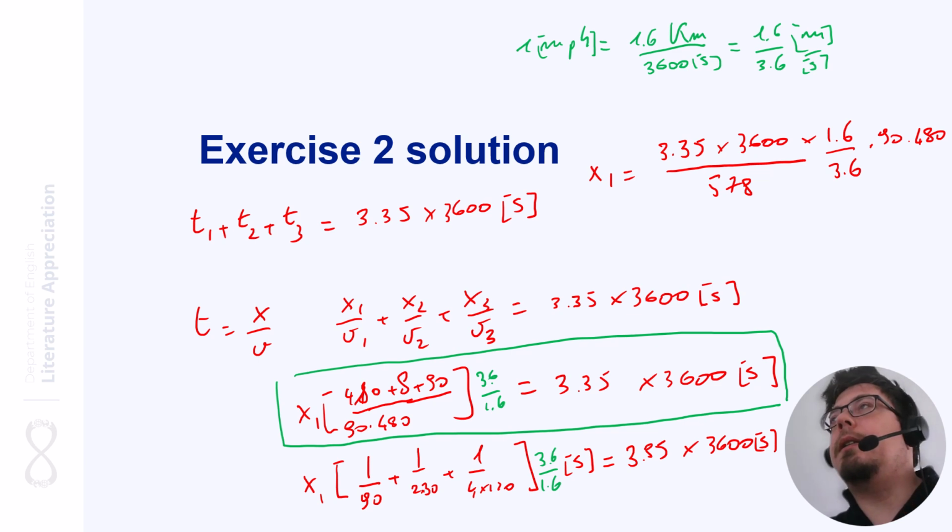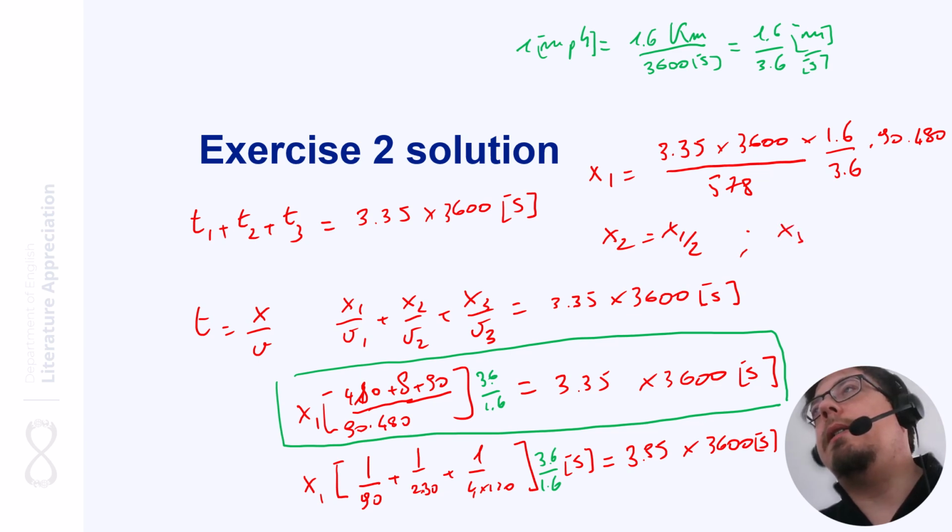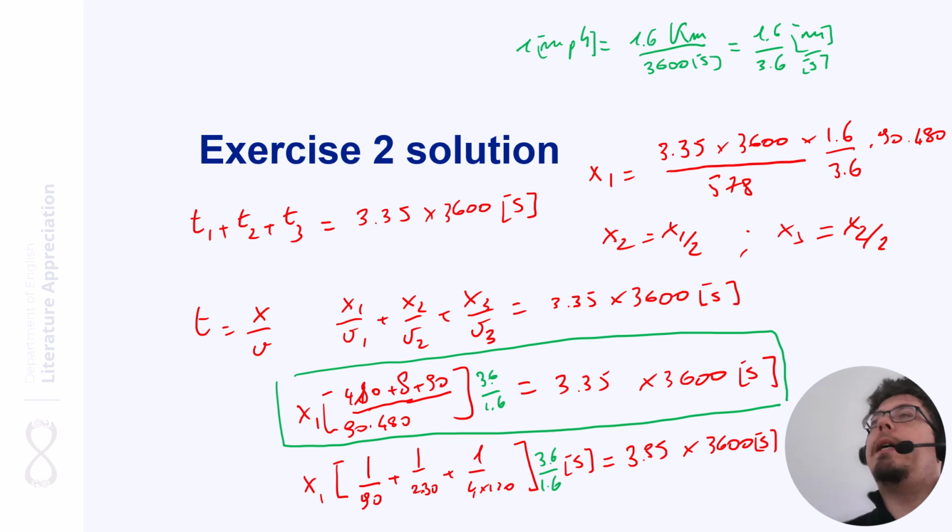We find seconds goes away, so we find the meter of this, the length of this section x1, and then we do x2 is equal to x1 divided by 2, and x3 is equal to x2 divided by 2, and therefore we find the solution of this example.